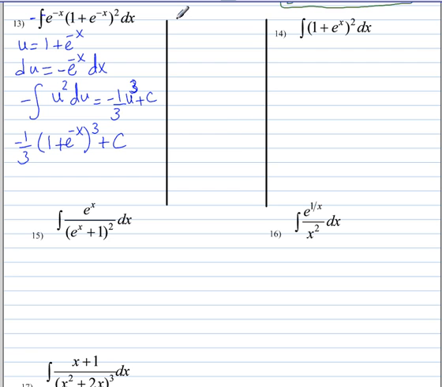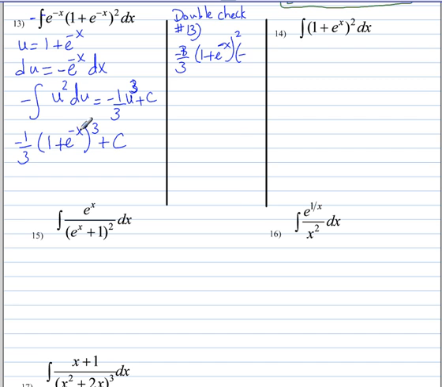Double check. This is our double check column. Number 13. Take the derivative. The derivative of this using power rule is negative 1/3 times 3, 1 plus e to the negative x squared. Using chain rule, now take the derivative of the inside.